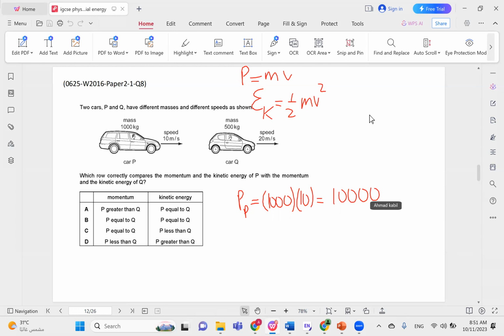The momentum of Q is equal to 500 times 20. And again, that gives us 10,000.